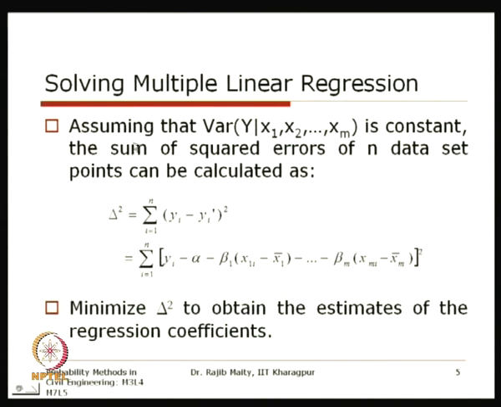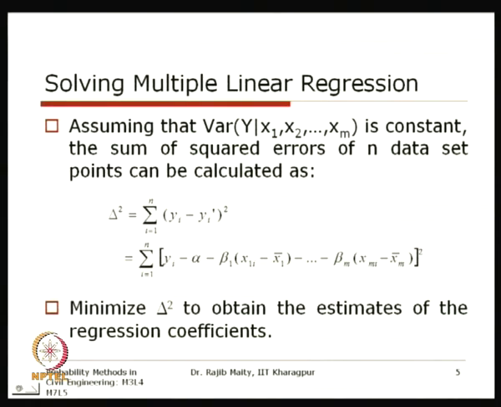Now, if we recall from the simple linear regression, there are two cases. One is that the variance of y with respect to the input variable is constant, or it can also vary. In the simple linear regression, we showed one case where that variance can even vary with respect to the range of the input variable x.